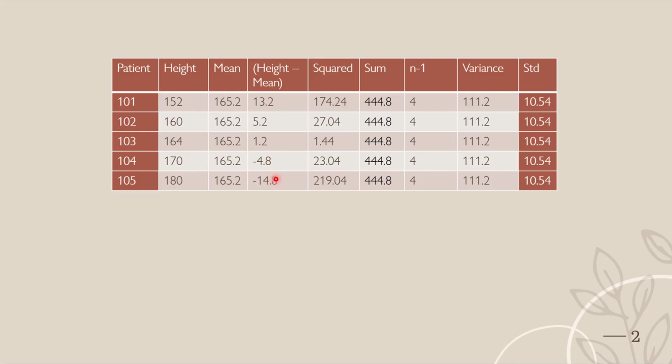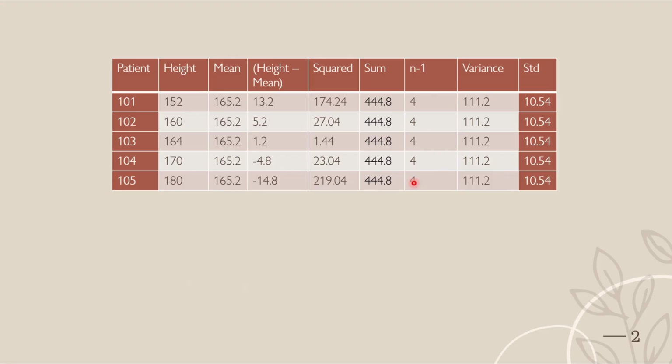Then each difference is squared, and the sum of the squared values is 444.8. As I told you, we have 5 samples, 5 patient IDs, so 5 minus 1 gives us 4.